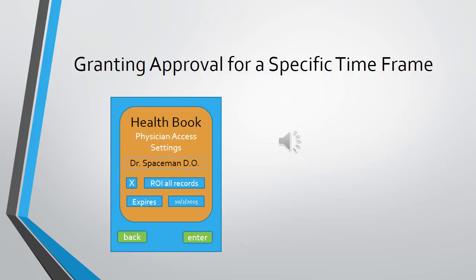You can also give them limited access. So if you don't want them to have, as it's stated here, release of all information for all records, you could state imaging only, or primary care records only, lab work, etc.